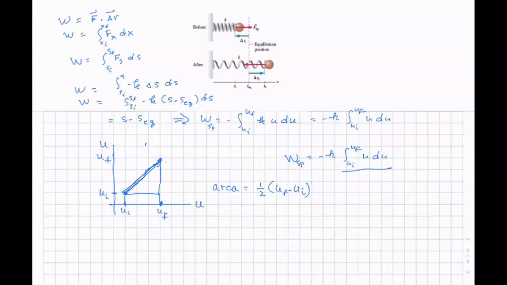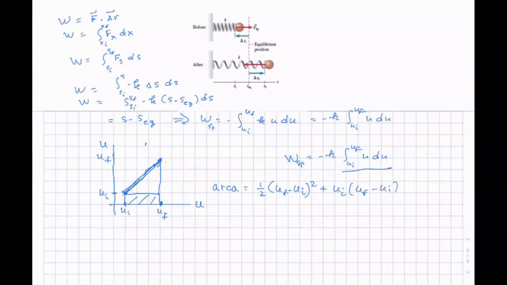So the area of the triangle is equal to one half times u final minus u initial, squared. That takes care of the triangle. Now we need to find the area of the rectangle. That's simply the height of the rectangle, which is u initial, times the width, which is u final minus u initial.